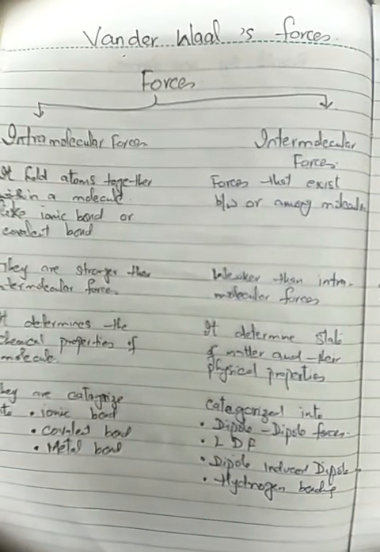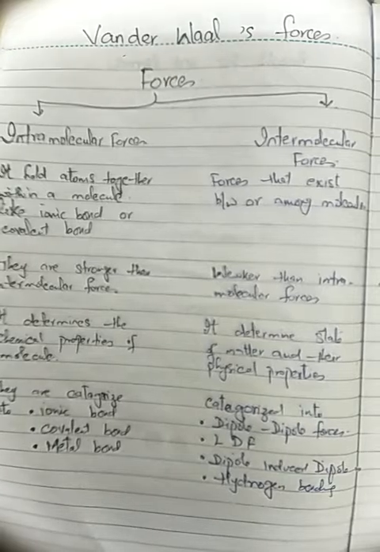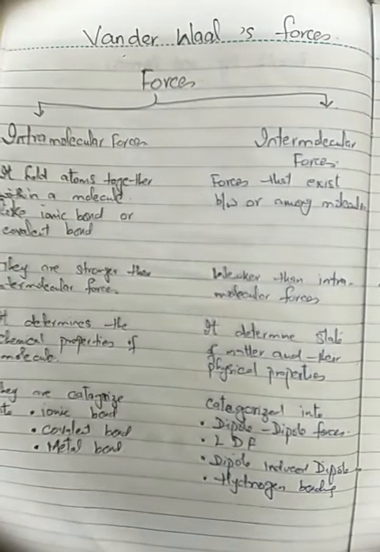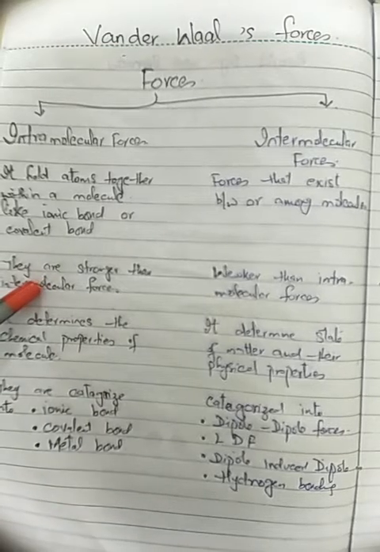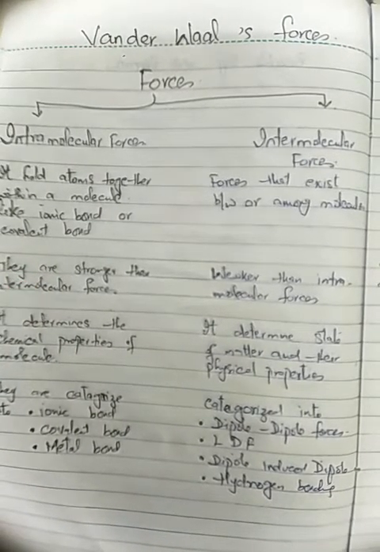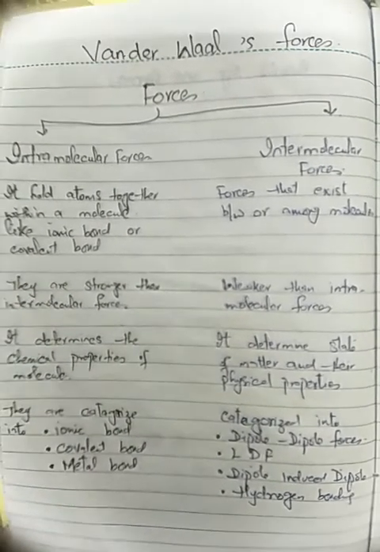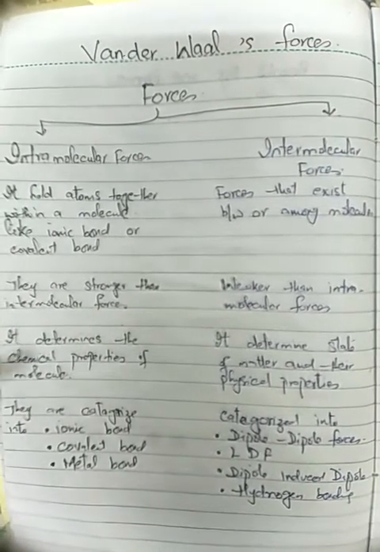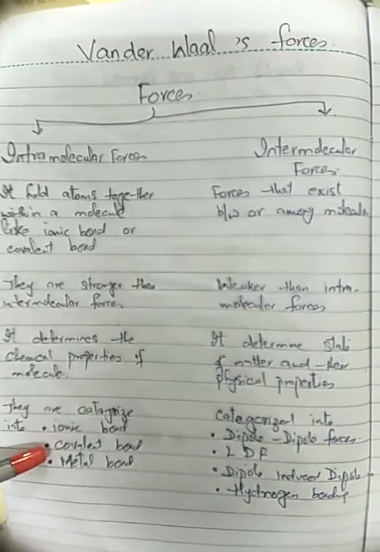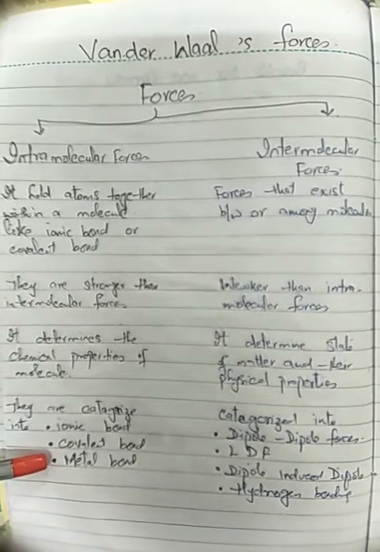You have previously studied these as ionic bond, covalent bond or metallic bond. These forces are much stronger than intermolecular forces. They determine the chemical behavior of a molecule.